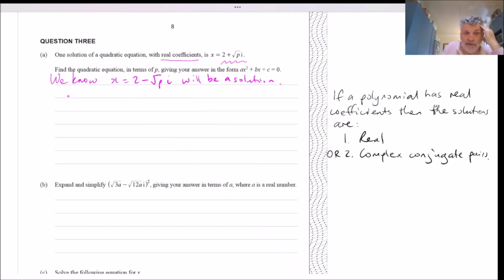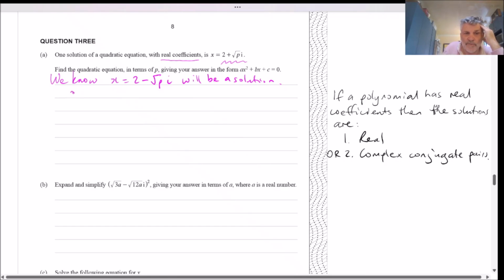There are multiple ways to get an equation, but if we rewrite these 2 equations in the form x minus 2 is equal to plus root p i, and minus root p i, we can put them together as plus or minus.